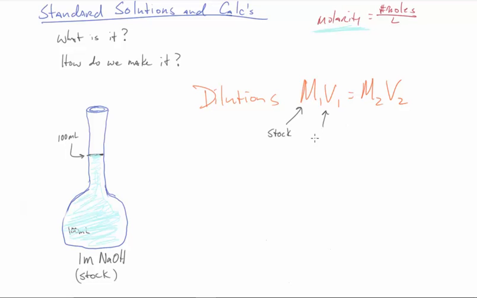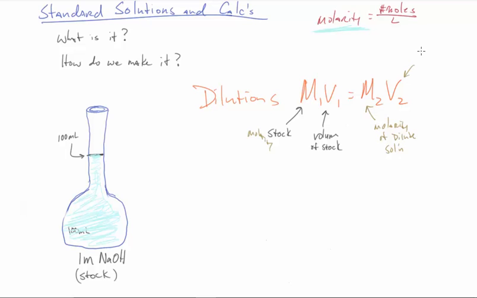Then volume 1 is actually the volume of the stock, right? Molarity 2, if I'm going over here, and I guess this is the molarity of the stock over here, so molarity 2 is the molarity of the dilute solution, and normally this is what we're trying to get it to.